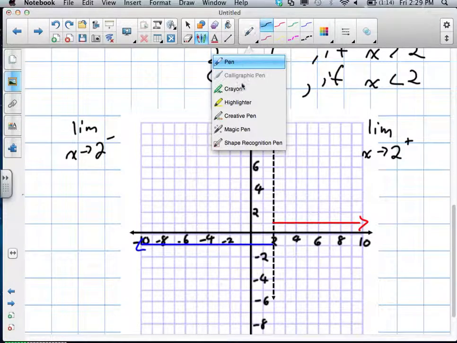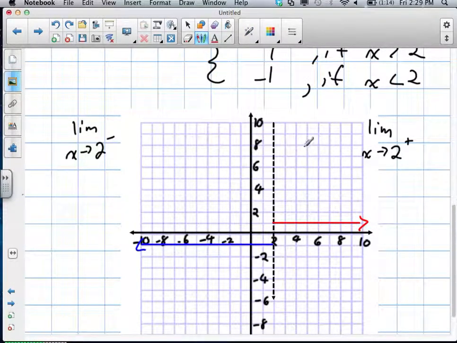Well, what happens here is, because again, we're not actually using the number 2 when we find a limit. We're using a number that's infinitely close. We're coming along and our value just before we get to 2 is what on the y-axis? What's our value here? We're at negative what? 1. We're at negative 1.